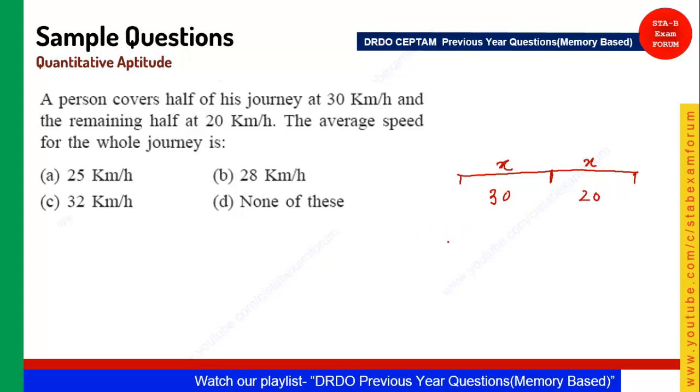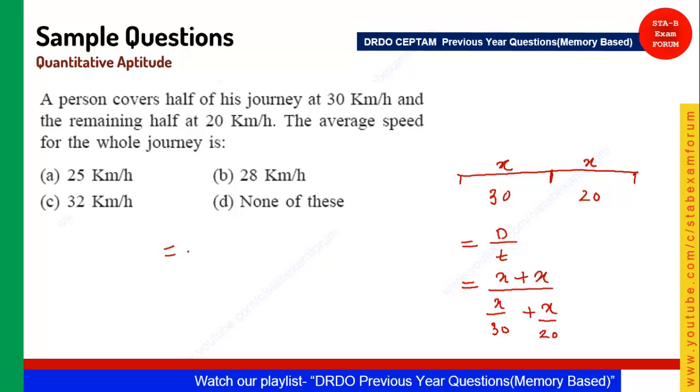Student, first I will show you the long method, after that I will tell you the shortest trick for this question, okay. So average speed is again total distance by total time taken, okay. Total distance is what? x plus x. Total time is what? Time is distance upon speed. So x upon 30 plus x upon 20, right?